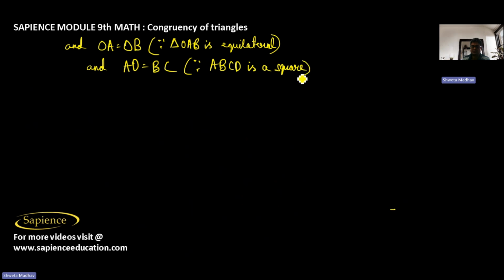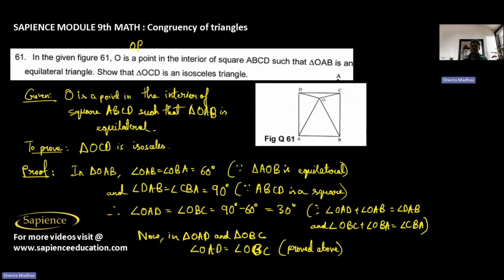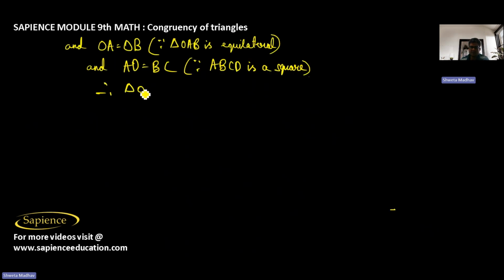So therefore, in these two triangles, two sides and the included angle are equal. So I can say that triangle OAD is congruent to triangle OBC by SAS rule of congruency.